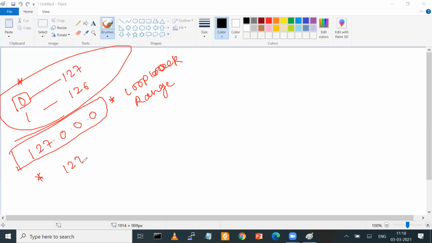So it is 127.0.0.0 to 127.255.255.255. If I write the valid range, it looks like this: 127.0.0.1 to 127.255.255.254. This is the valid range for loopback. So loopback is for LAN card testing.